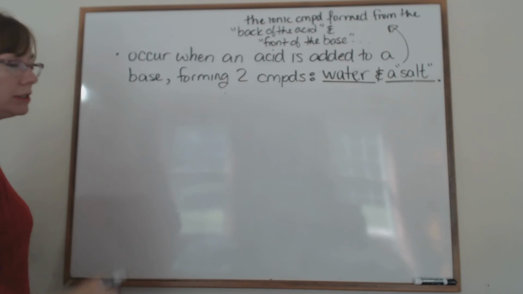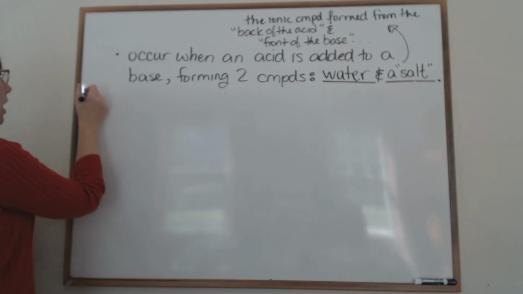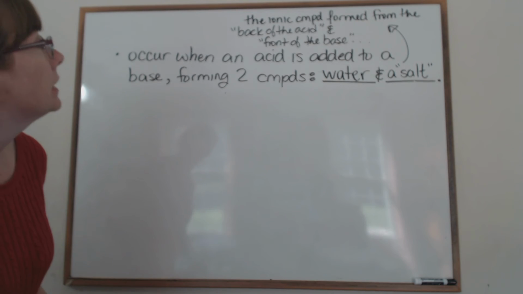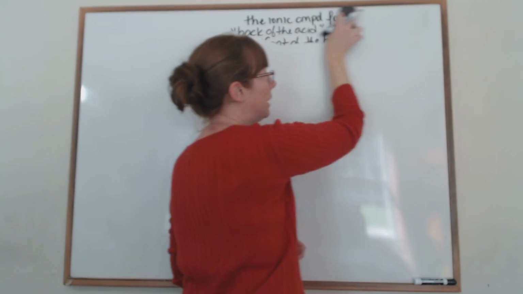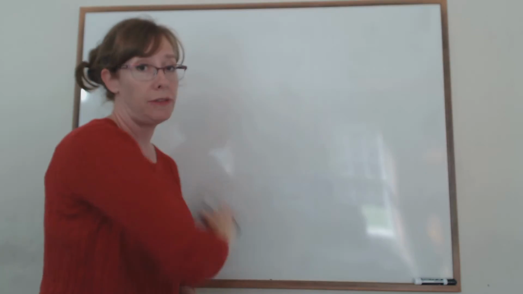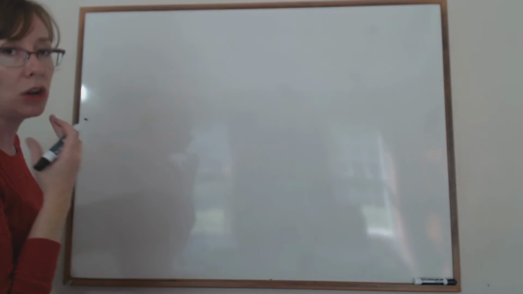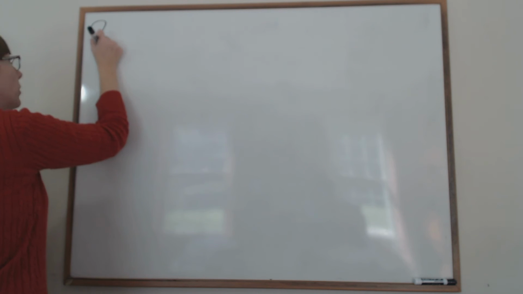What we want to understand is that, actually, let me erase this here. You can write complete molecular, complete ionic, and net ionic equations for an acid-base reaction. Let us go ahead and just do that, and that's probably where we'll finish this video.